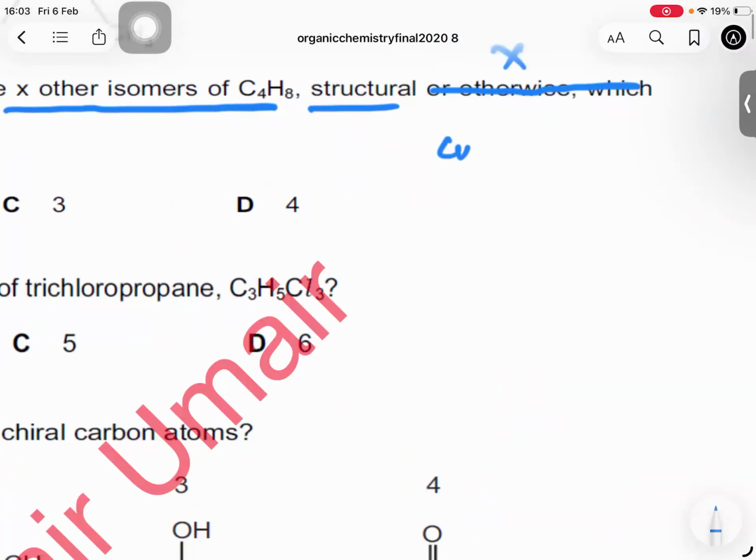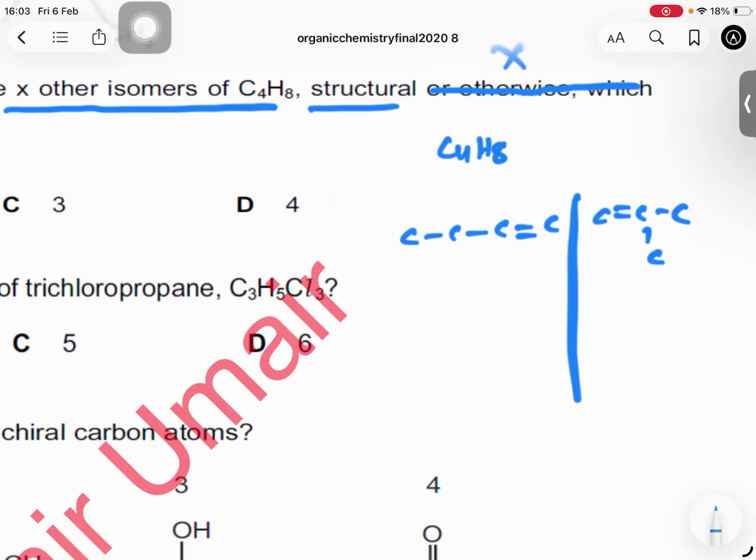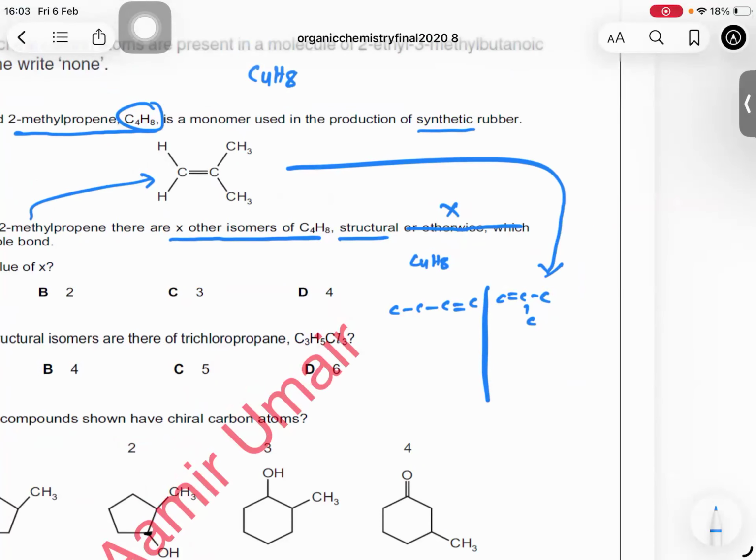Okay, this is C4H8. You have to draw all the structural isomers. This is the first one, butane. Then 1, 2, 3, 2-methylpropene, the one which is shown here as well. This is 2-methylpropene. So 1, 2, 3, 4. Here it is. But-1-ene, but-2-ene. Is that all?